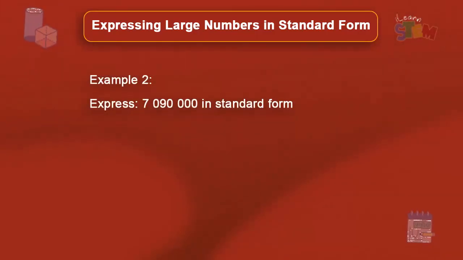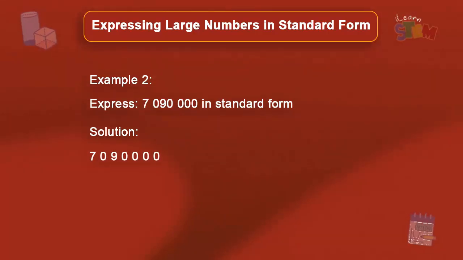Express 7090000 in standard form. Solution. Just like we did before, we write out our numbers. Then, we move our decimal point to the left, counting as we move. 1, 2, 3, 4, 5, 6. Here, we moved 6 places.